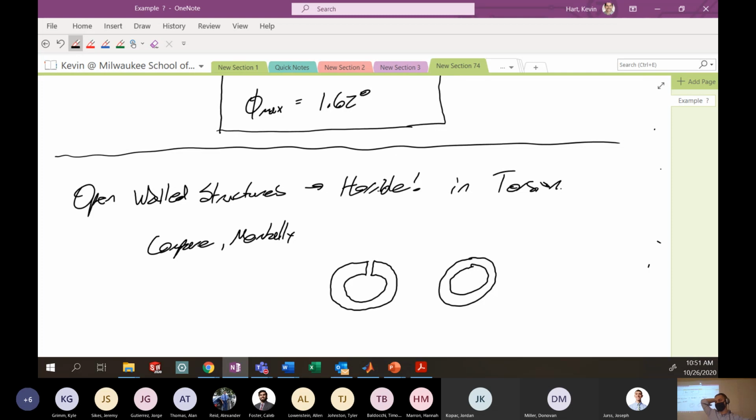Which one's going to have a higher angle of twist when you torque it? Which one's a better structural material? It better be number 2 in your head. You'll do a homework problem where you look at the relative amounts of torque these two cross sections can handle before they fail, and you'll see a really big difference.